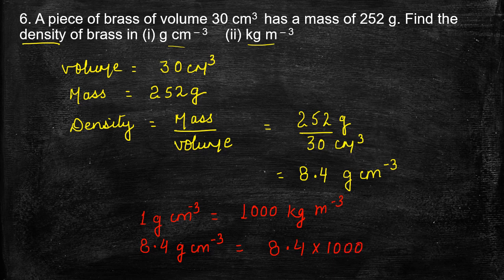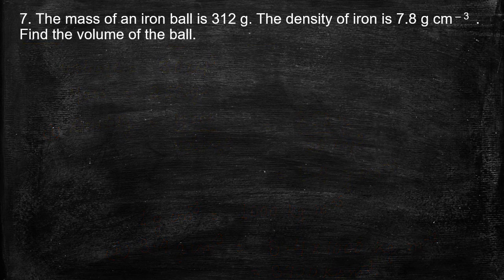So 8.4 into 1000 kilogram per meter cube. It will be equals to 8400 kilogram per meter cube. So this is the second part. Here we got the first part, that is density in gram per centimeter cube, and in kilogram per meter cube it is 8400.